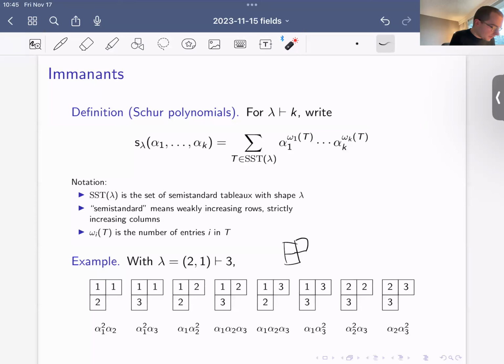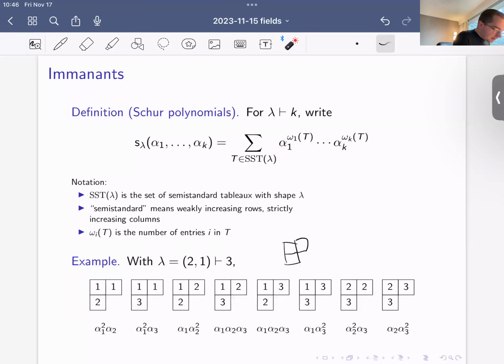So like 1 1 1, 1 1 2, 1 1 3, 2 2 2, 2 2 3 are the possibilities. And then the columns are strictly increasing. So in the columns, you can only have 1 2, 1 3, or 2 3.